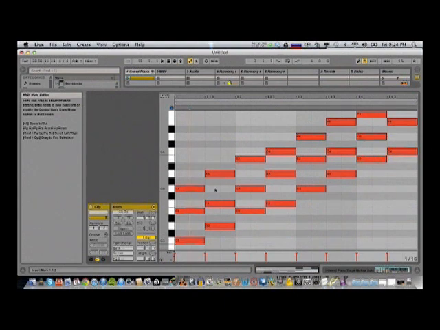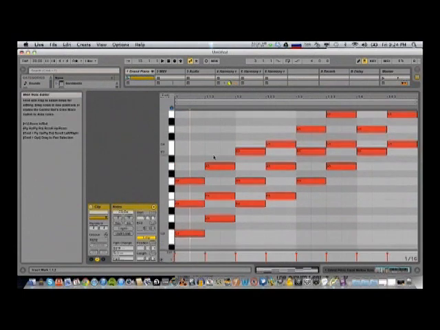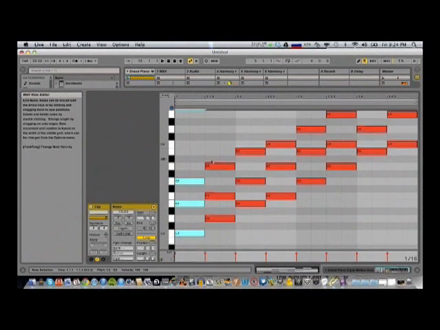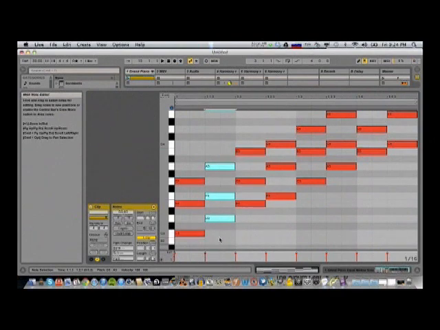So here we have our diatonic chord progression again. Let's try to make an interesting sounding chord progression out of this. Let's just pick a couple chords. Let's use our tonic chord. Let's not use the 2 chord, but we'll leave the 3 chord.